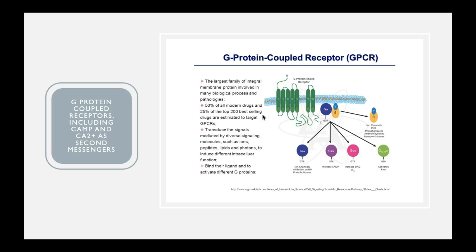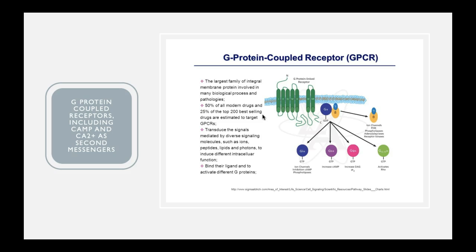Next I'll be talking about G protein coupled receptors, including cAMP and calcium as second messengers. Seen on the left is a G protein coupled receptor. They are the most widely used transmembrane receptors, and they're used to carry the signal into the cell by a series of modified proteins.